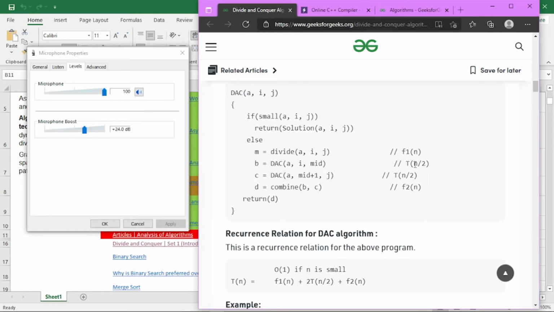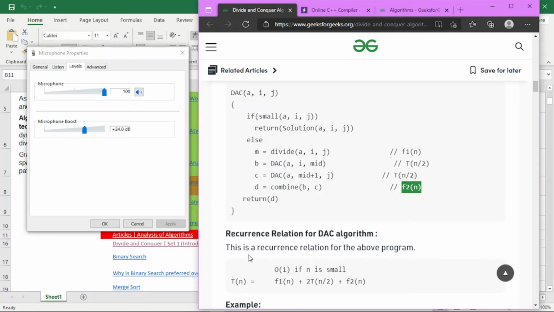So it will take time n by 2, and here as well, because we have divided that main array into two sub halves. That's why n by 2 is here. And at last we will combine. So this combine algorithm we can write as f2 of n.